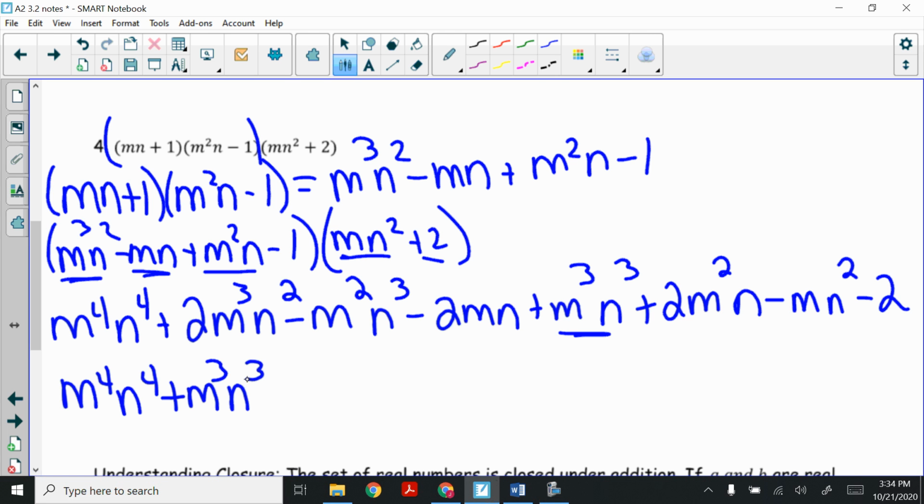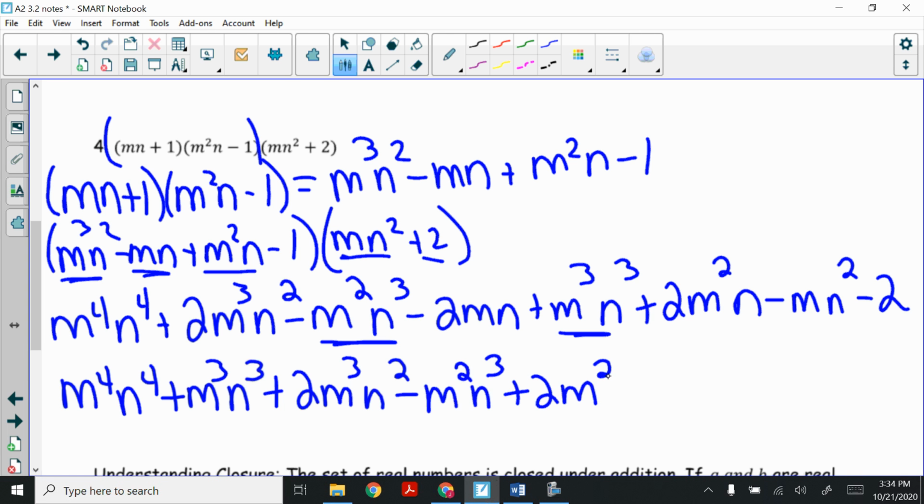Now I need m cubed n squared. So m cubed n squared gets me right here. So plus 2m cubed n squared. Now I'm going to do m squared n cubed and m squared n. So this one would come first. So minus m squared n cubed plus 2m squared n.